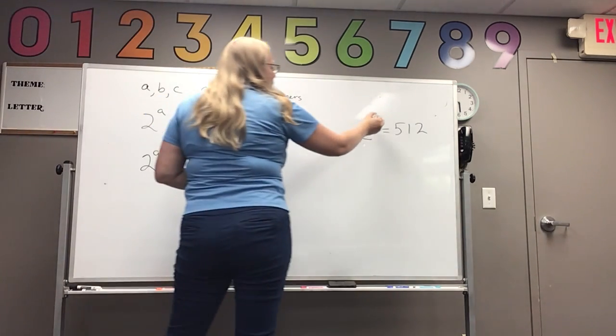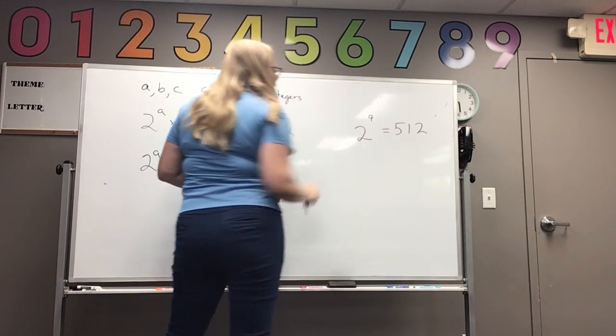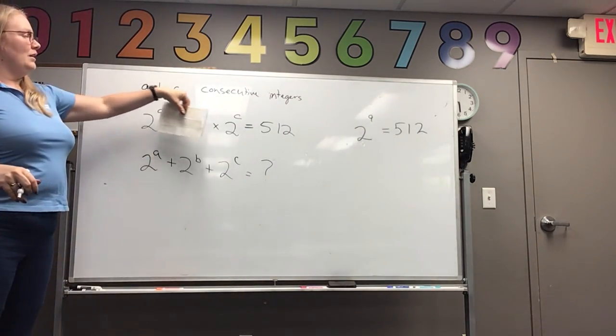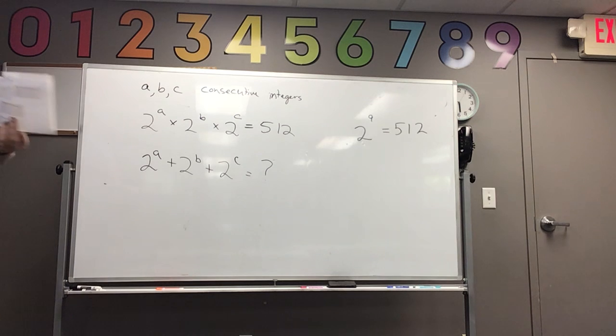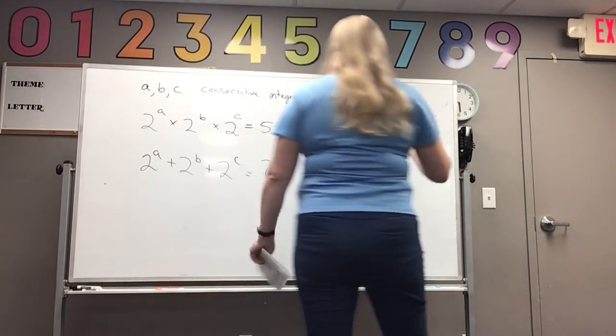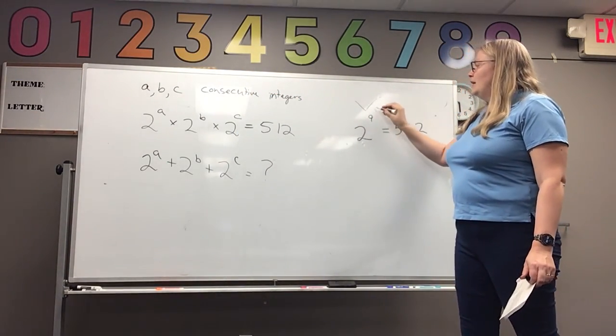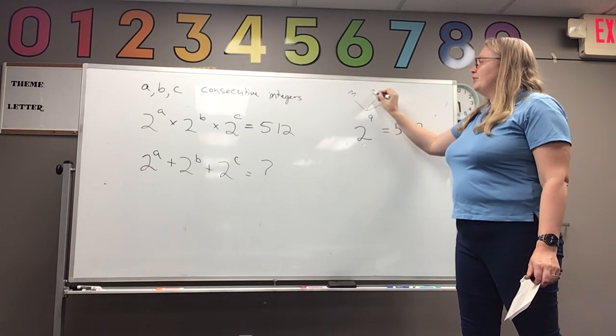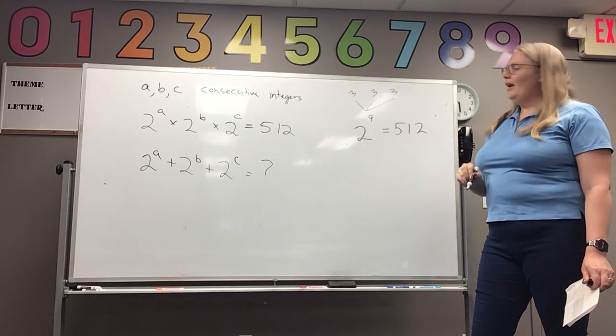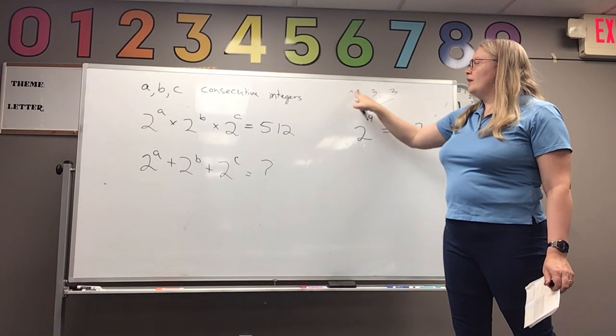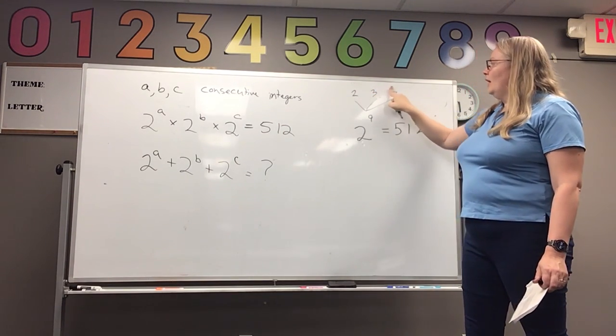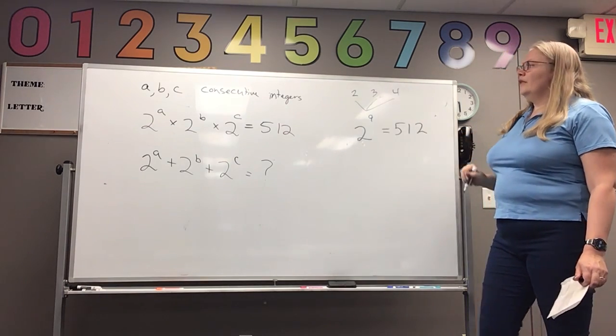So we want 9. So the next question is A, B, and C. What are 3 consecutive integers that add up to 9? One of the ways to think about that is 9 could be 3 plus 3 plus 3. And so to make the consecutive integers, take 1 from this one and give it to the next one.